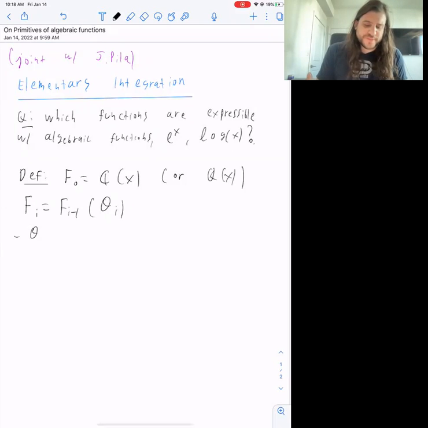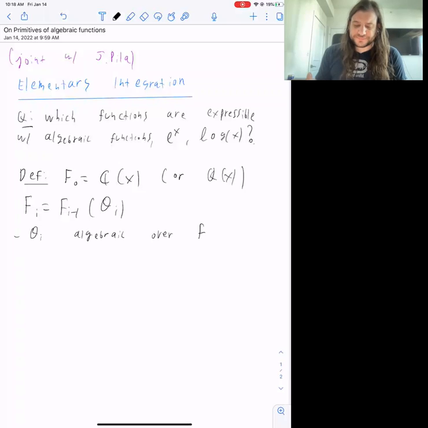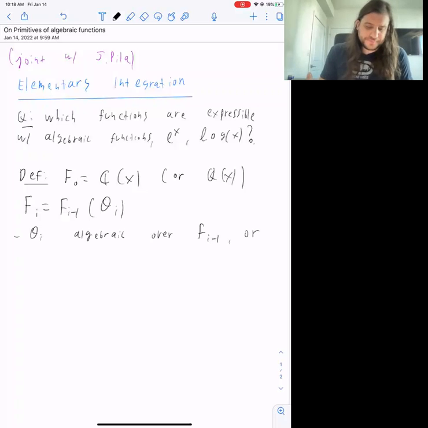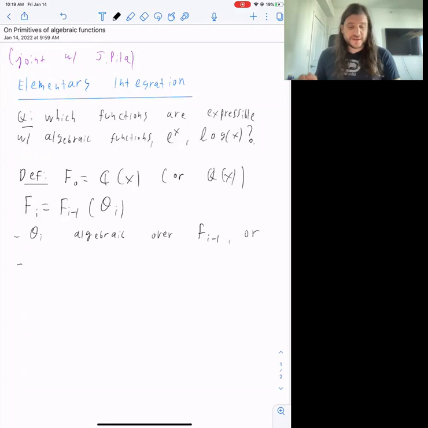So first possibility is theta I is algebraic over Fi minus 1, excuse me. So we're allowing all algebraic functions automatically. And then how do we allow exp and log in differential language? Well, log of x is just the primitive of the function dx over x. If you integrate dx over x, you get log.